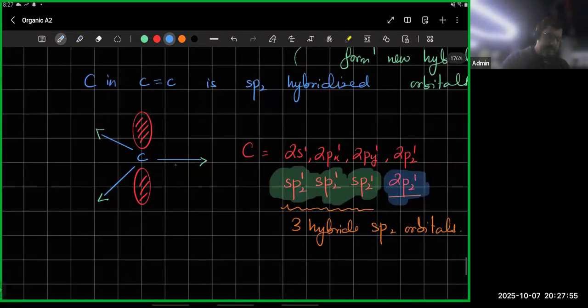One second. This is sp2, this is your p, and this is trigonal planar, and the angles are 120 degrees. Because it's fan shaped.